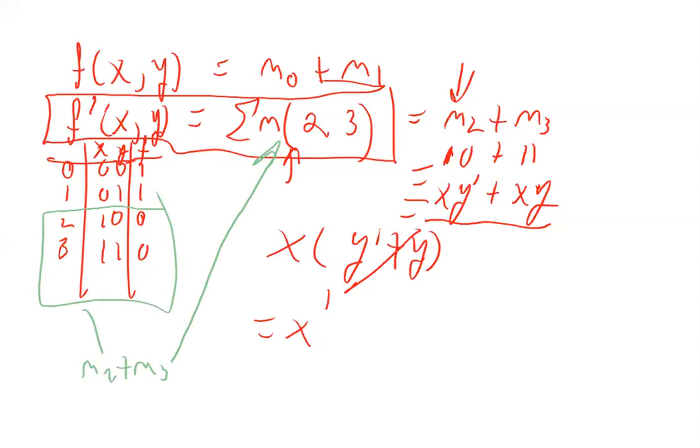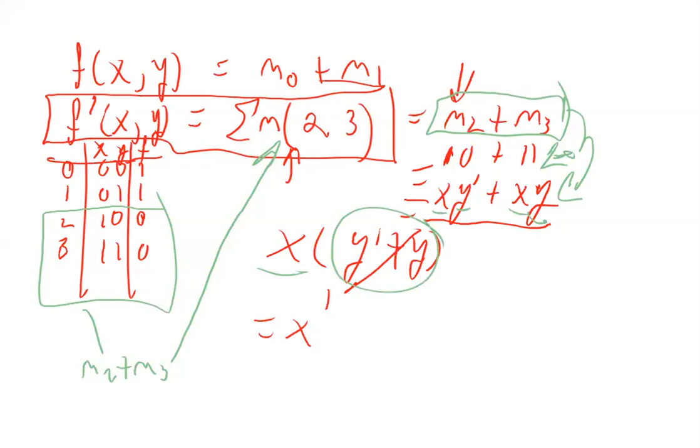Then we proceed to write out m2 and m3 here. And then we write out the binary representation of the radix 10 indices. And that gives rise to the algebraic expression, which has a common term x that we can factor out. Y or y prime must be equal to 0.